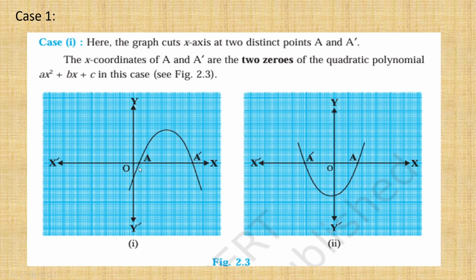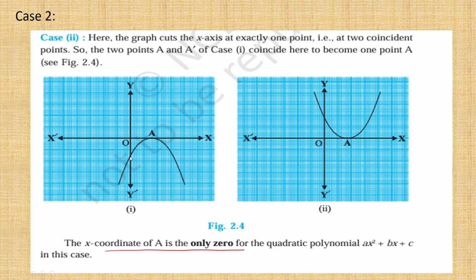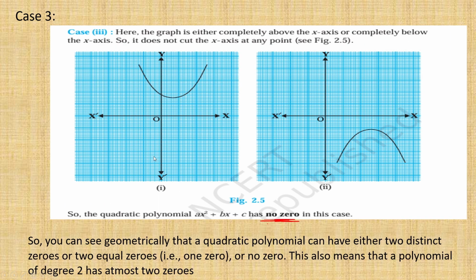The first case is 2 distinct zeros, a and a dash. In this case both zeros are at point a, that means the zeros are equal, and in this case no zeros are present for this polynomial.